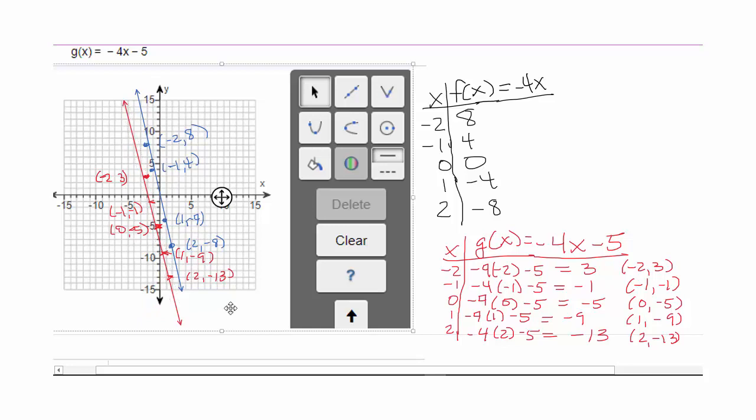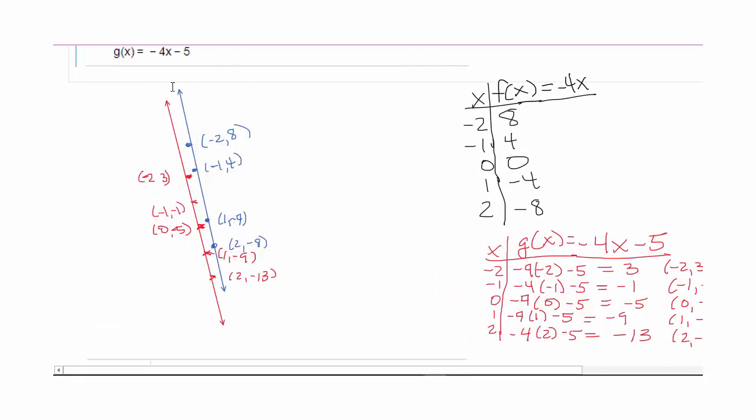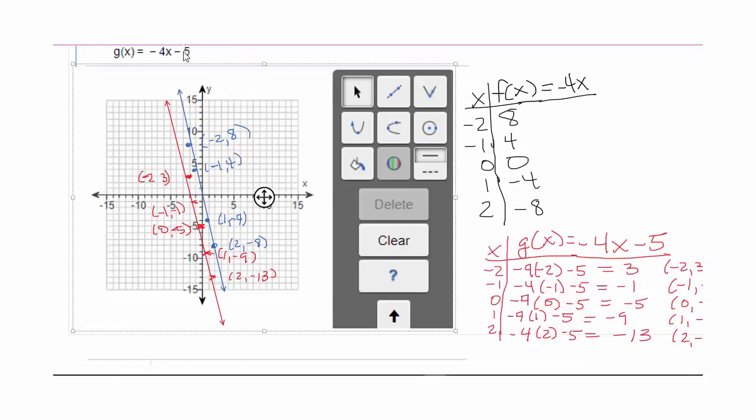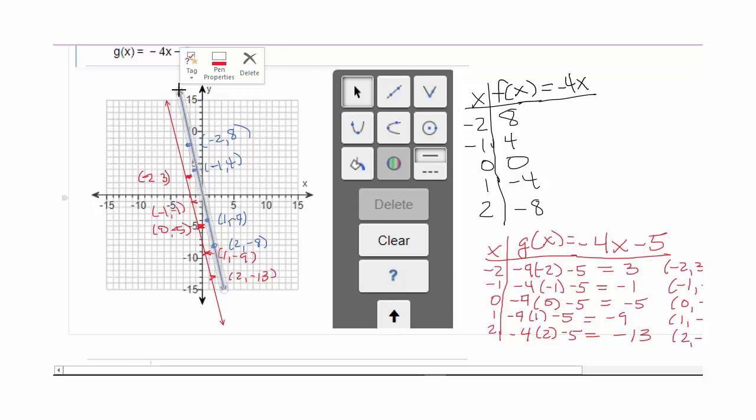Okay, pretty close. All right, and this guy's a little crooked too. Can't get it straightened out. All right.